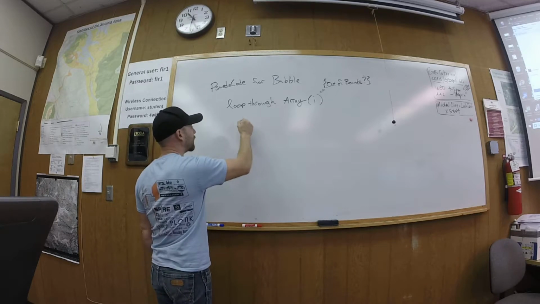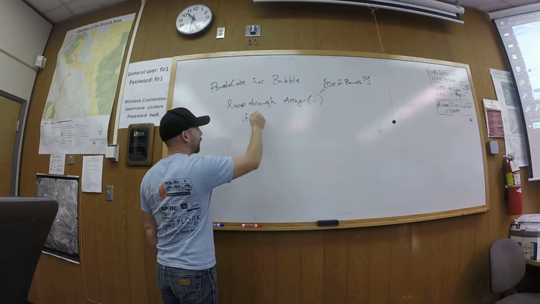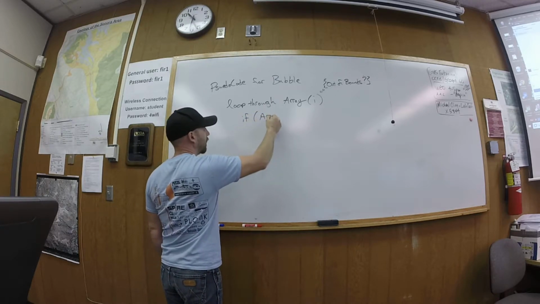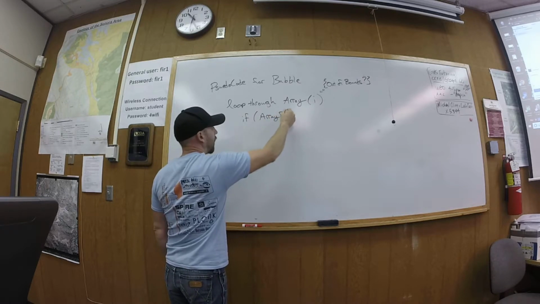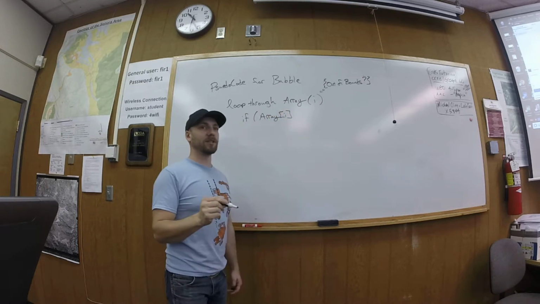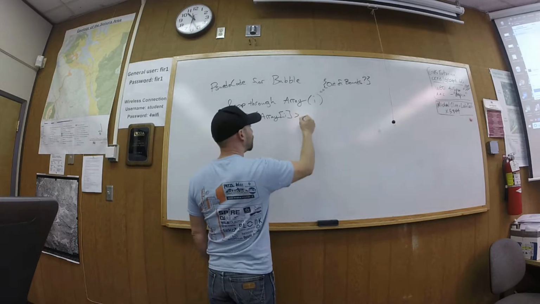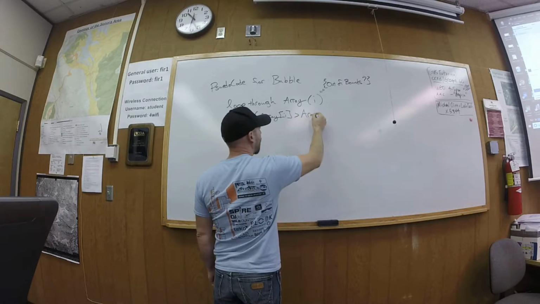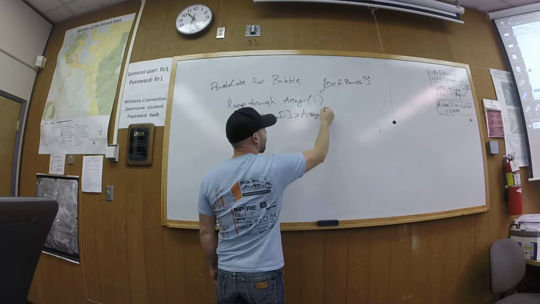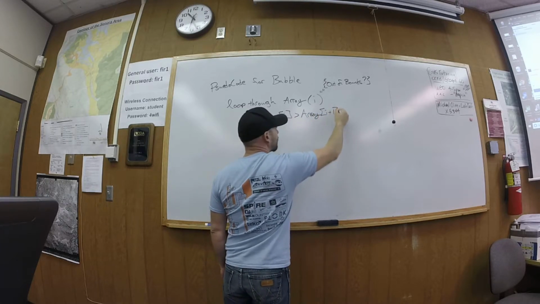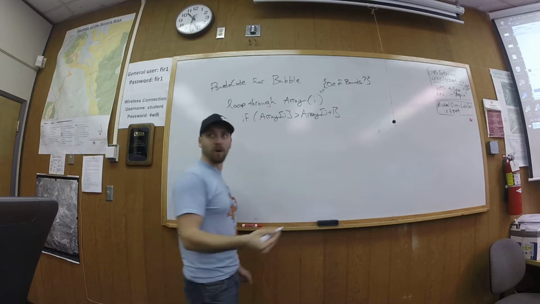So I want to ask if array I is, when do I want to switch them? Greater than. If the array I is greater than array I plus 1. So is the element you're looking at bigger than the next one, right?